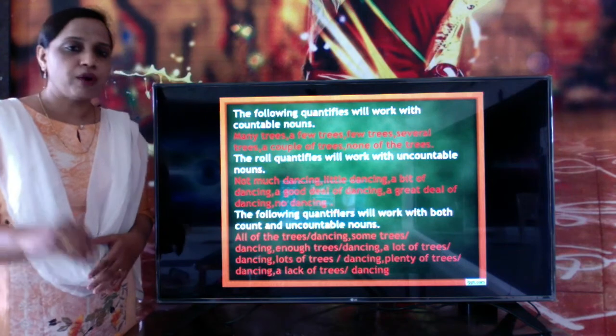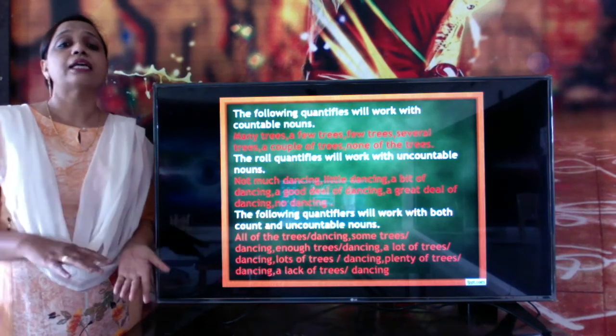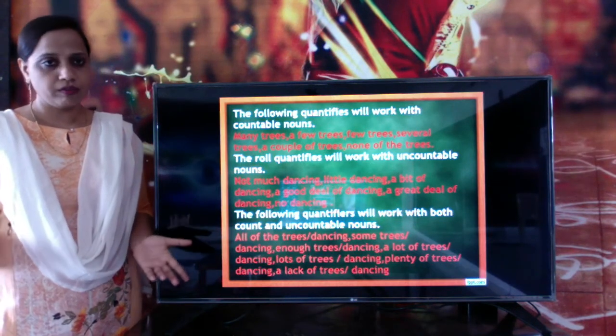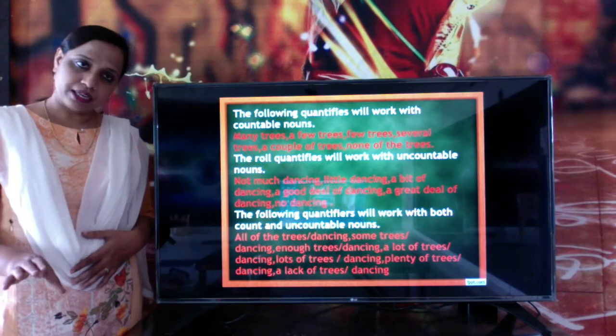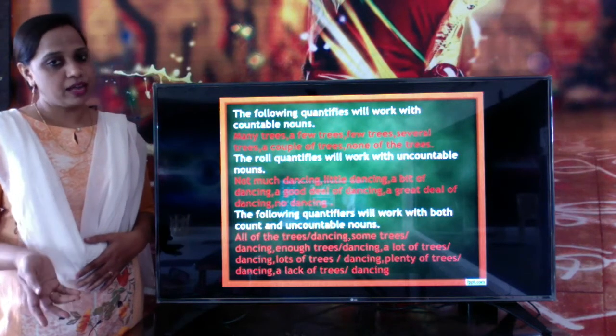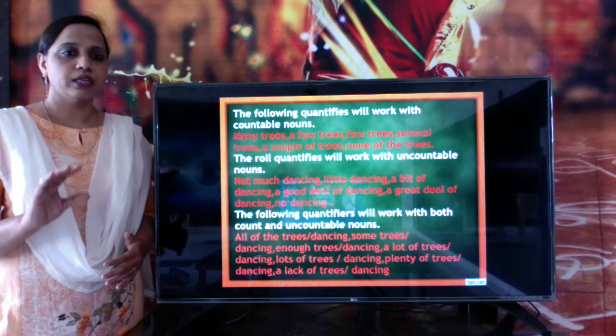Okay, next, the following quantifiers will work with both countable and uncountable nouns. Like all of the trees, you can say all of the trees, or you can say all of the dancing. Some trees, some dancing, enough trees, enough dancing, a lot of trees. Just for example, I took trees or dancing.